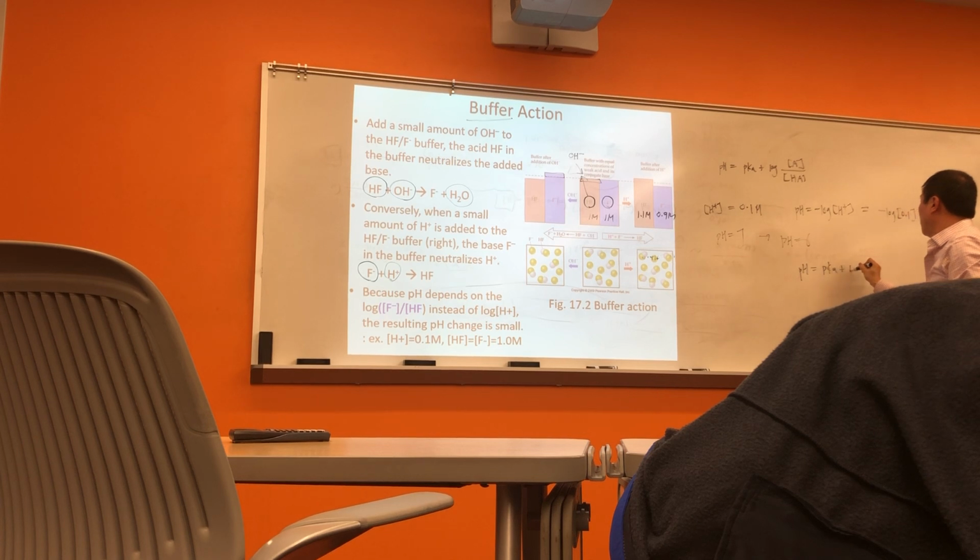Using that, your pH will be the pKa value plus the log of A minus over HA. The pKa doesn't change, because the equilibrium constant doesn't change. But HA is now 1.1 and A minus is 0.9. If you take the logarithm of 0.9 divided by 1.1, what is it?